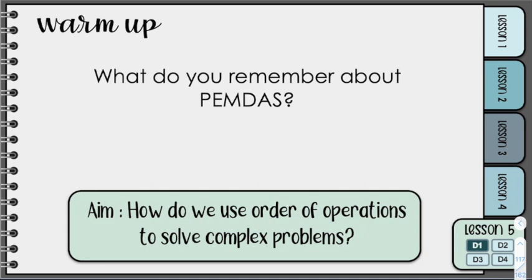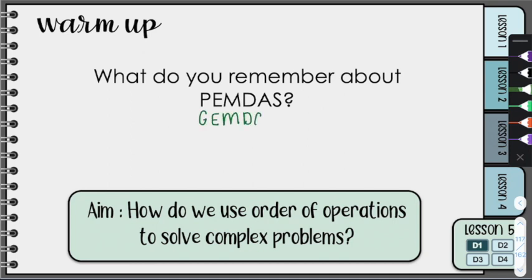So if you had different types of teachers, every teacher teaches it a little bit differently. PEMDAS, you could have heard as GEMDAS, which means the same thing. You're saying groupings or parentheses, exponents, multiplication and division, and then addition and subtraction.